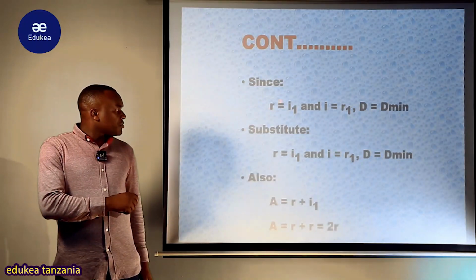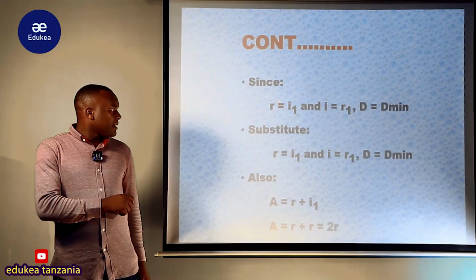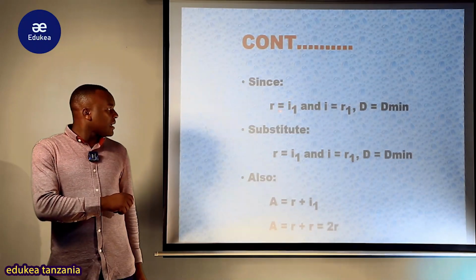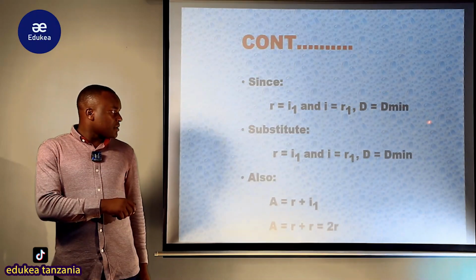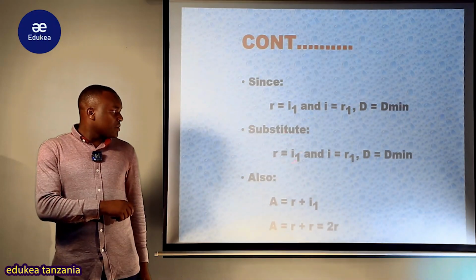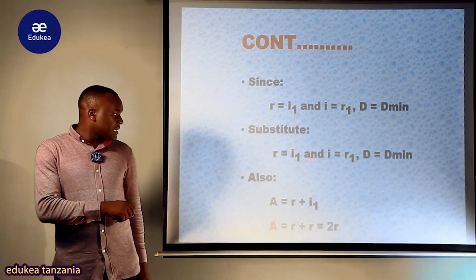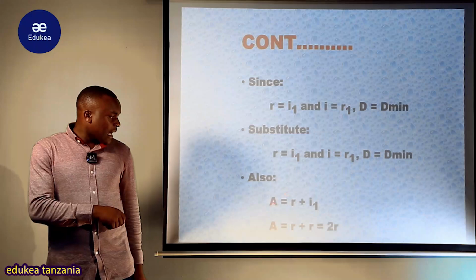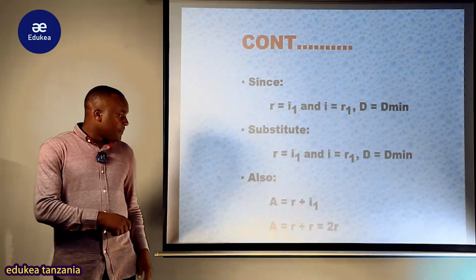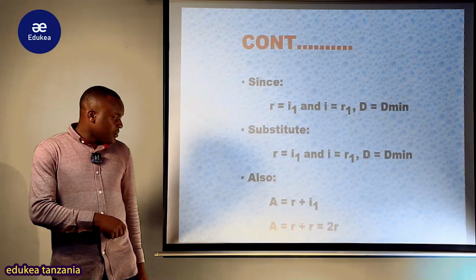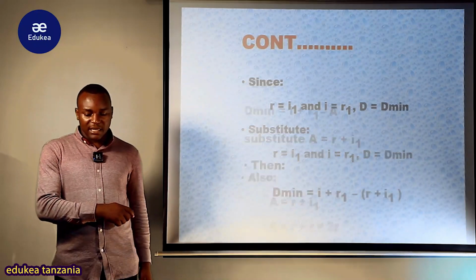So since tumeshaona kwamba R sawa sawa na I, kwamba refracted angle sawa sawa na incidence angle and I sawa sawa, so D sawa sawa na D wa minimum. Substitute, ukisubstitute itakuwa R sawa sawa na I, also apical angle sawa sawa na refracted angle plus incidence angle. Manipulate hapo unapata kama hivi.